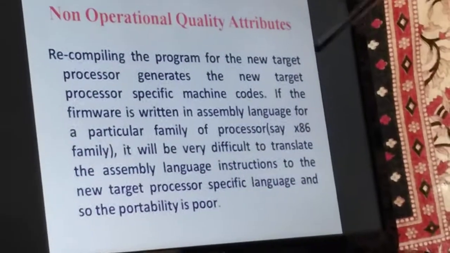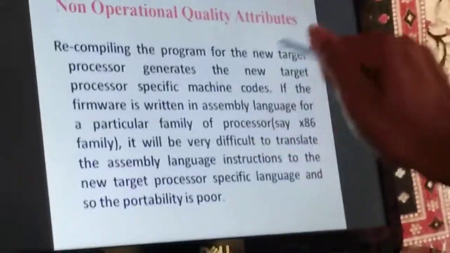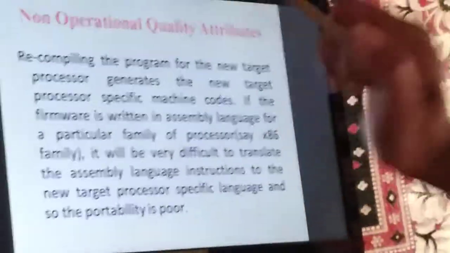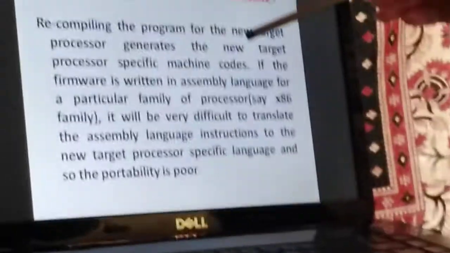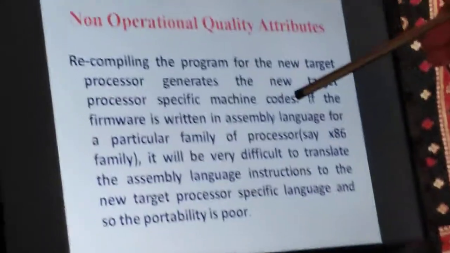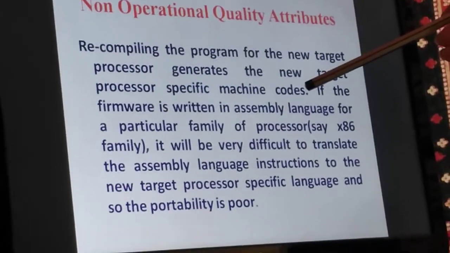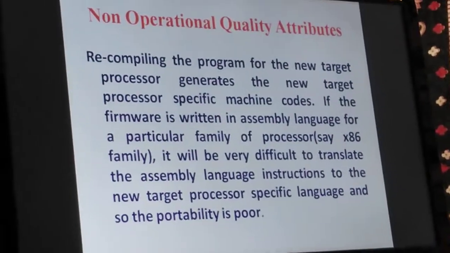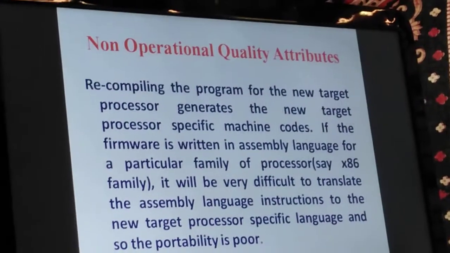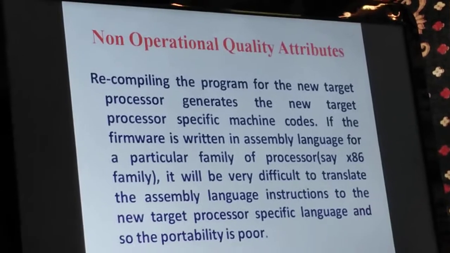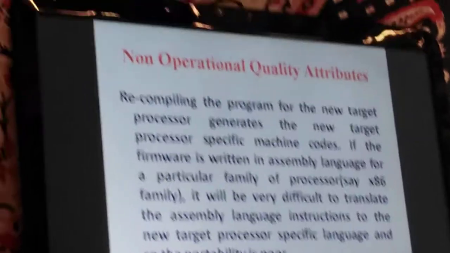Recompiling the program for a new target processor generates new target processor specific machine code. For example, if I have developed software for an Intel based microcontroller, with a little modification I can generate machine code for the same software for an ARM microcontroller also.